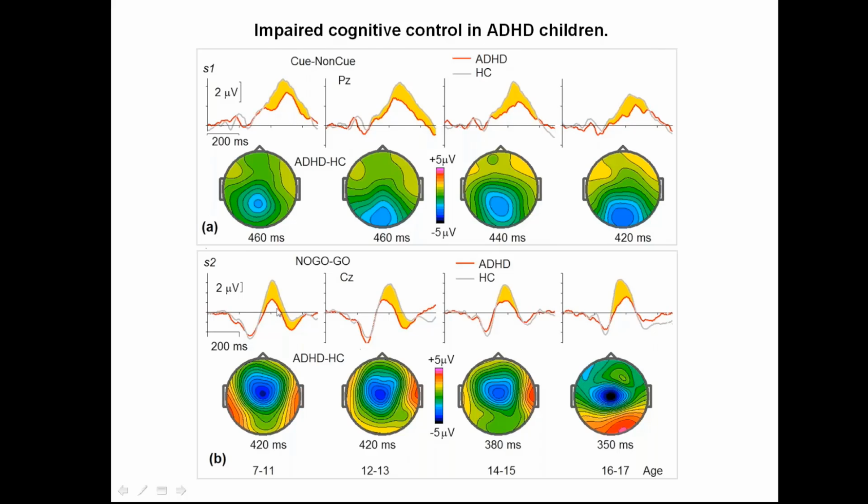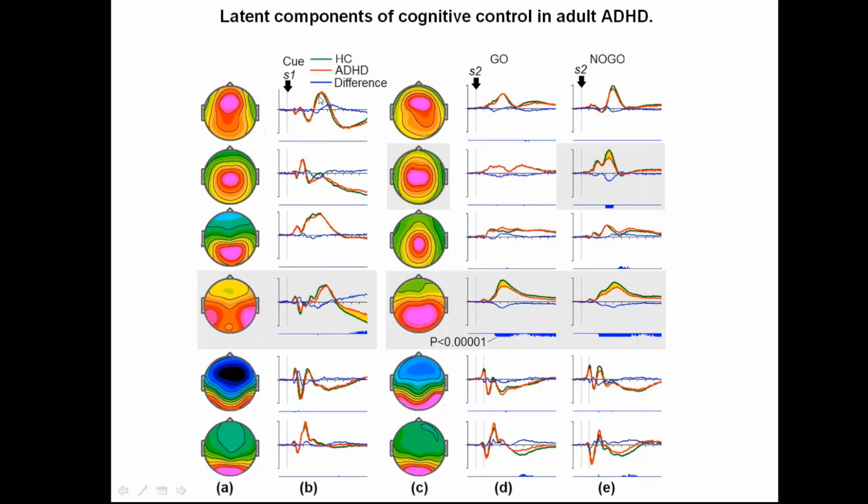ADHD components are presented in red, healthy control in green, and the difference between healthy control and ADHD is presented in blue, and the p-values are presented as vertical bars below. And as you can see, the probability of the difference is quite large, it is 0.00001. So it's a high level of statistical significance.